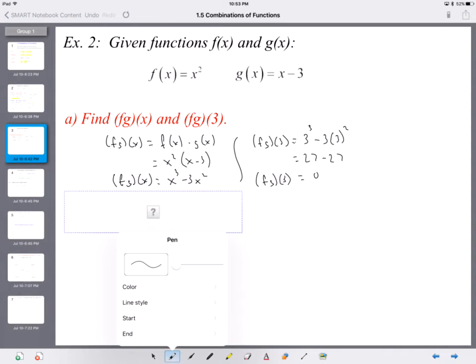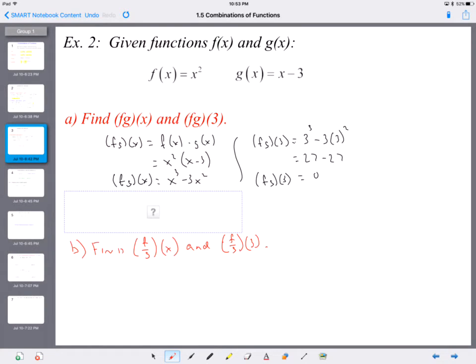So you can probably guess what the second one is, or was supposed to be. This is going to be our division. We're looking to find f divided by g of x, and we'll do the same thing, and f divided by g of 3.